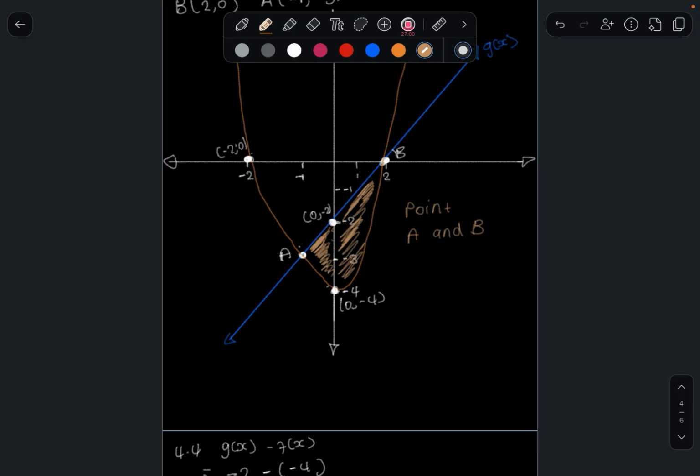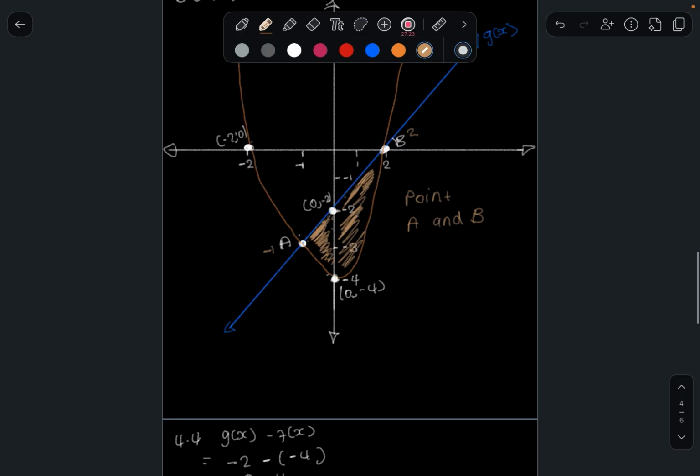Here the x value is -1, and here the x value is 2. And we start from the bottom. So the graph is going like this. So we're going to say between -1 and +2, sorry.